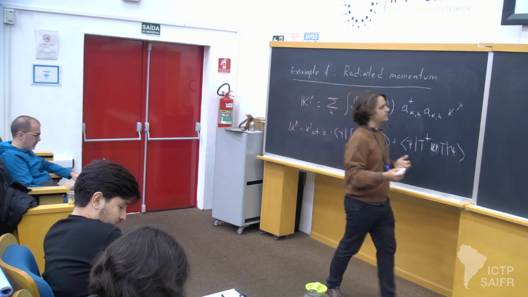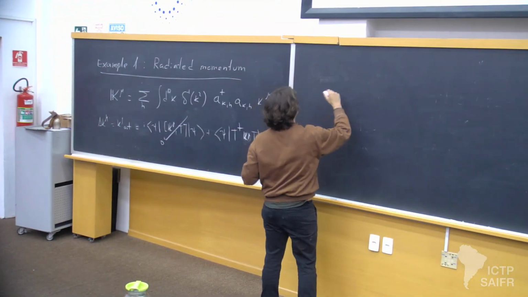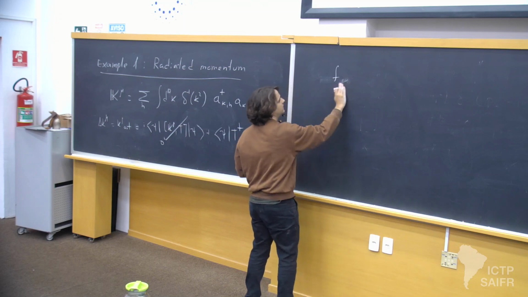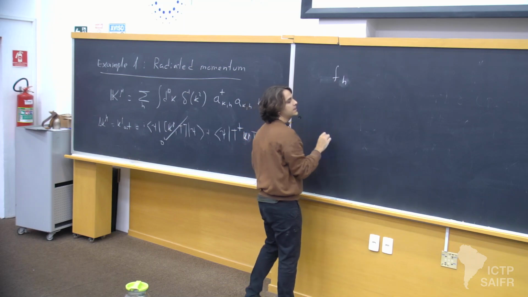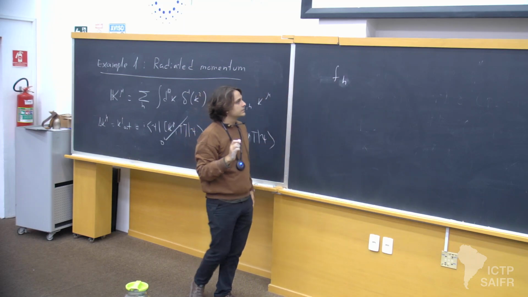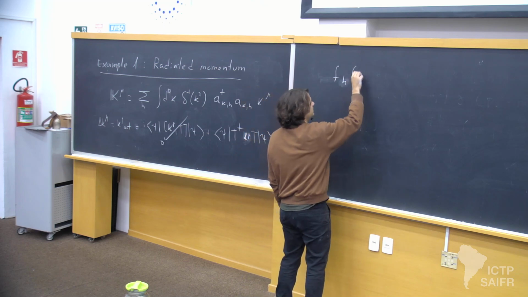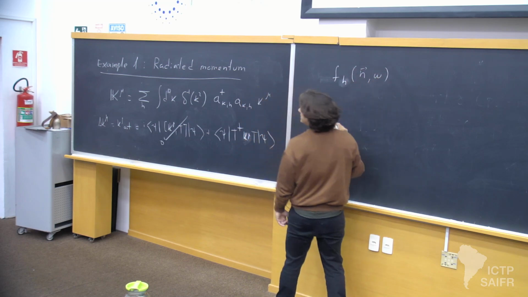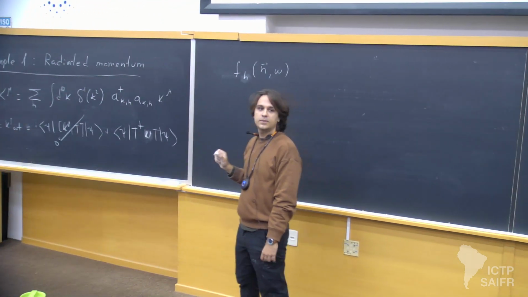So what is the waveform? So the waveform for the gravitational radiation, and let me choose the waveform with some fixed helicity. Okay, so this will be a function of what? It will be a function of the direction on the celestial sphere, and maybe of some frequency. So let me choose the spectral waveform.